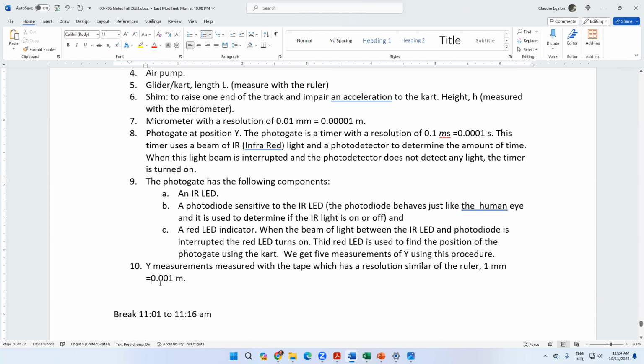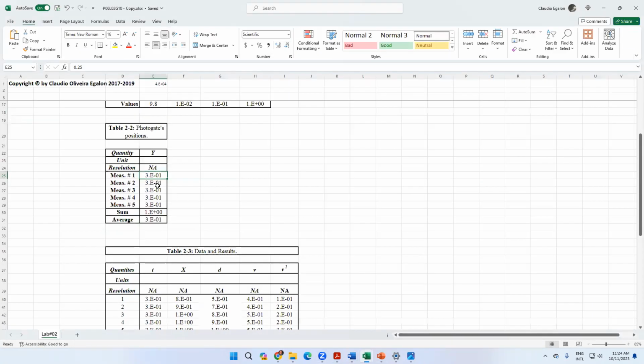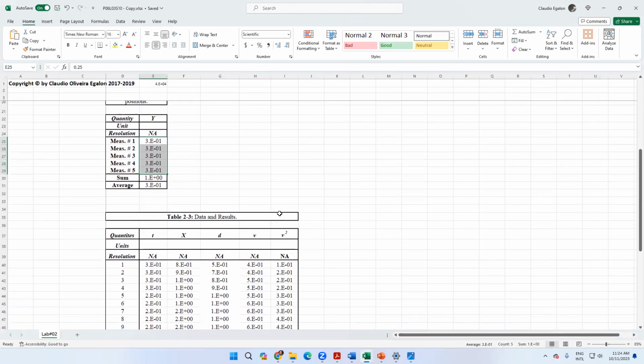Don't forget to display all those measurements with the right resolution. Then you sum all those measurements. You have to display the summation with the right resolution, and then you take the average, which must be displayed with the right resolution as well.